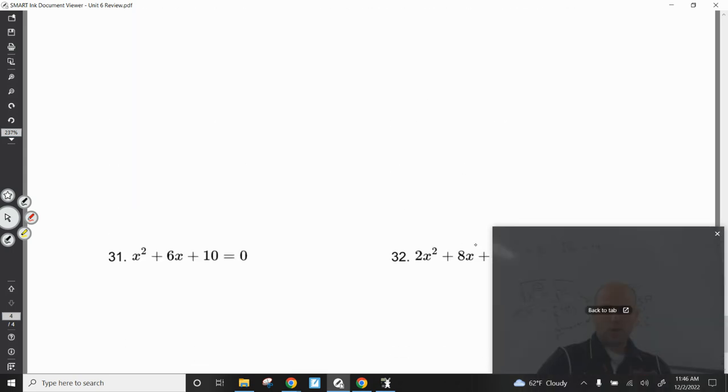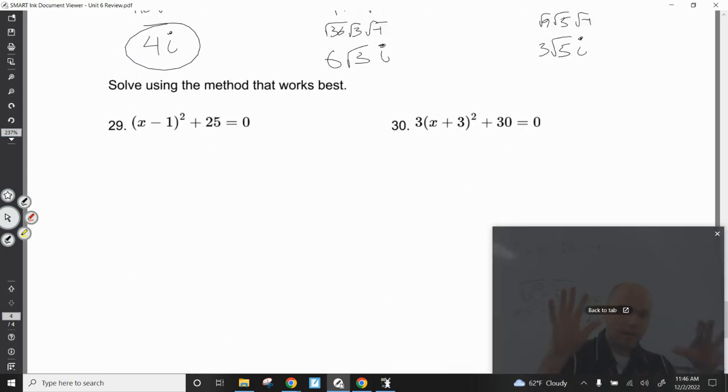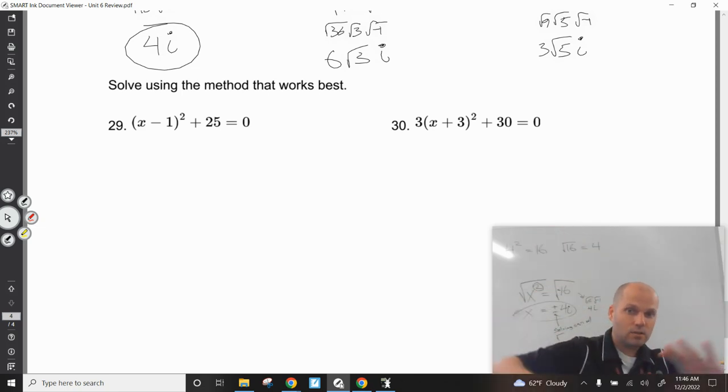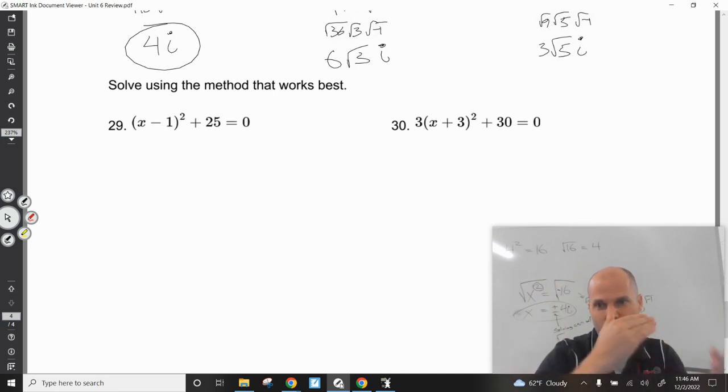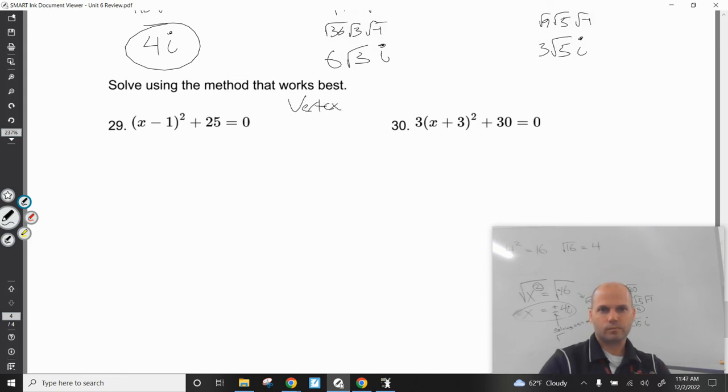For the last 4 problems, I'm going to say, hey, what method's going to work best? Use it. I'm not telling you to use square roots. I'm not telling you to use the quadratic formula. You should just know, if you have vertex form, which is problems 29 and 30, you should be using square roots by isolating the square, kind of.